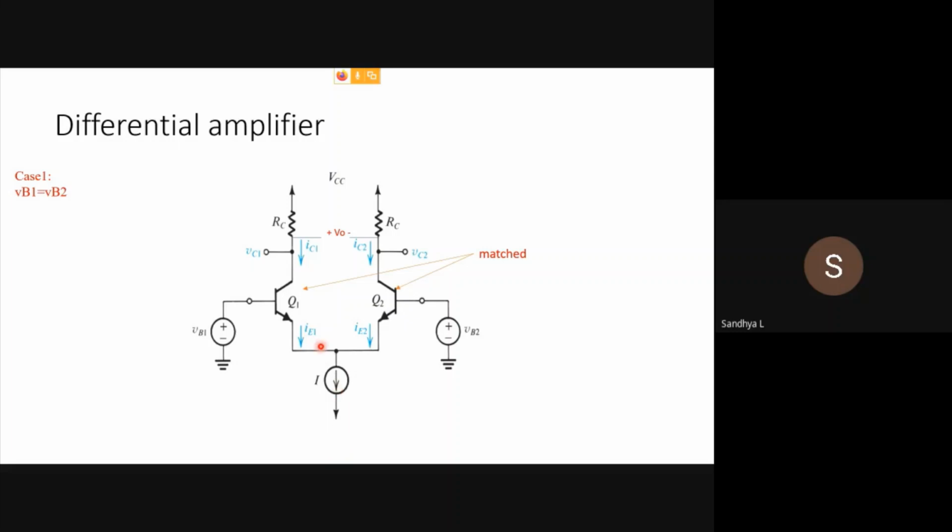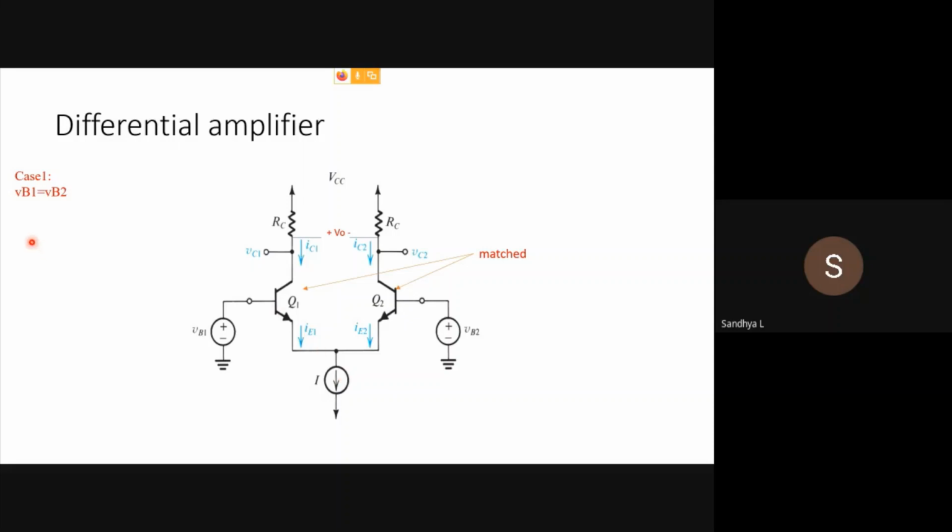So by KCL, IE1 plus IE2 is equal to I. In the normal case, not only in the case of VB1 equal to VB2, in this particular node, IE1 plus IE2 equal to I by KCL.